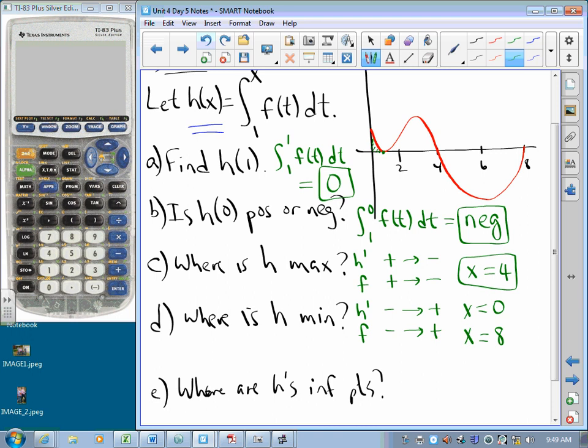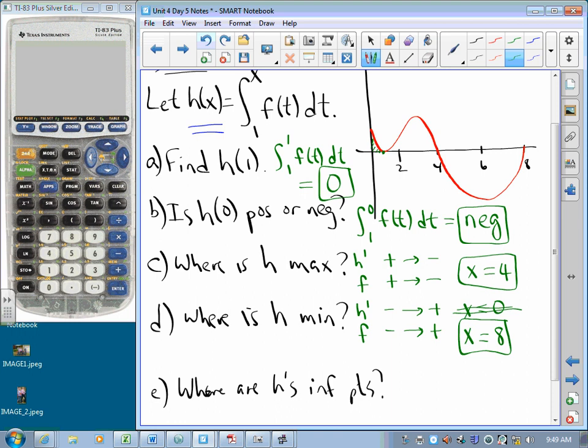So the question is, is all of this area less than all of that area? And it appears not. It appears that the so-called negative area eats up all of the positive area, and so I would argue convincingly that it has to happen at x equals 8.